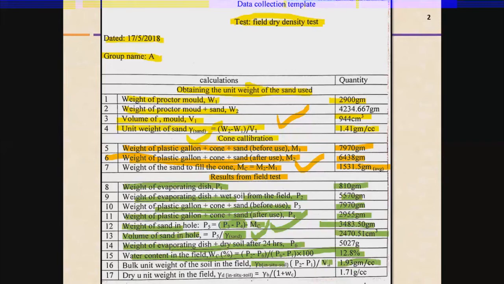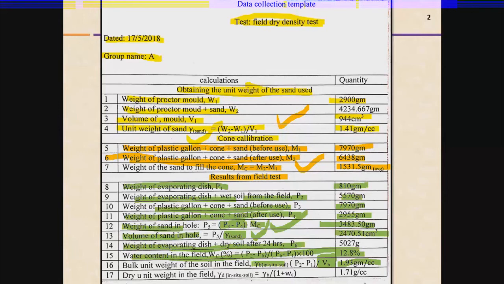For this very purpose, we are attributing the volume of excavated material with the volume of sand in hole, because the shape of the hole which we have dug out with the help of a hammer and chisel will not be uniform. So if you measure it with any measuring tape or any other tool, there are chances of error. So that's why this volume is attributed with the volume of the sand used.